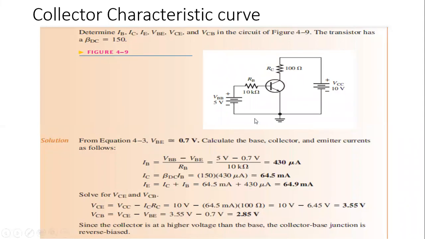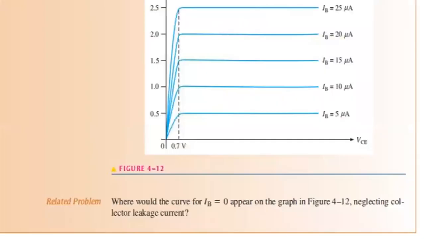Follow the same steps that you have been listening to when we were doing the DC analysis of the transistor, and you will be able to plot the output characteristics.